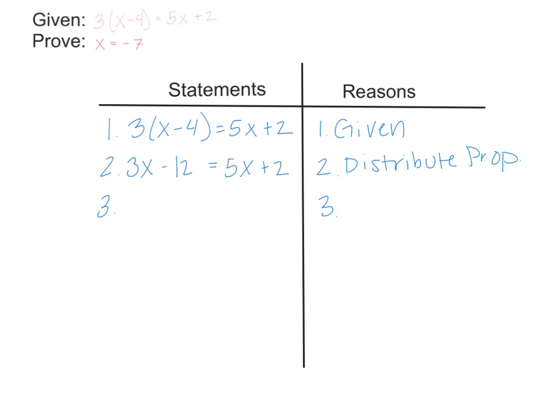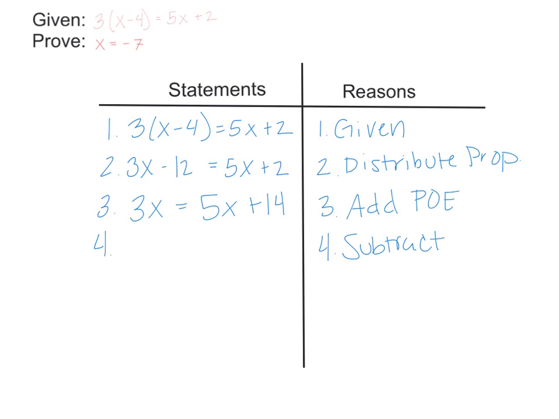Then we can do a couple different things. You can add or subtract. I am going to add POE. So I'm going to add my 12. So I'm left with 3x. 5x doesn't change. And if I add 12 to 2, I get 14. And now I'm going to subtract my 5.